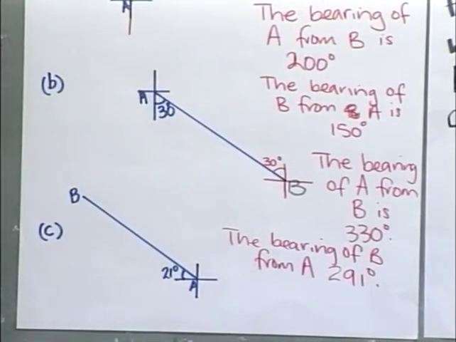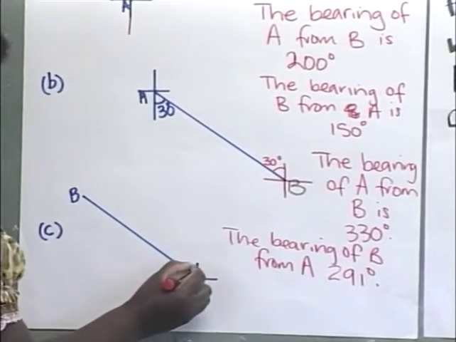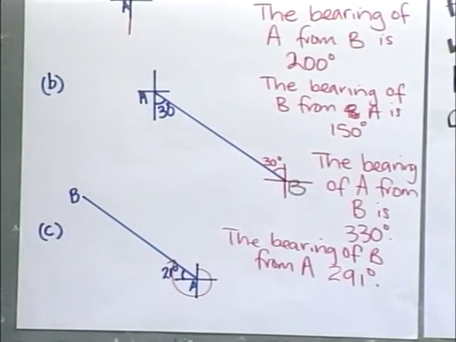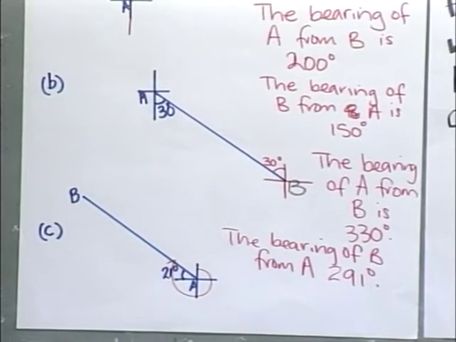It's 270 plus 21. You start from north and you stop at the line that indicates the direction of B from A. So it's 270 plus 21.